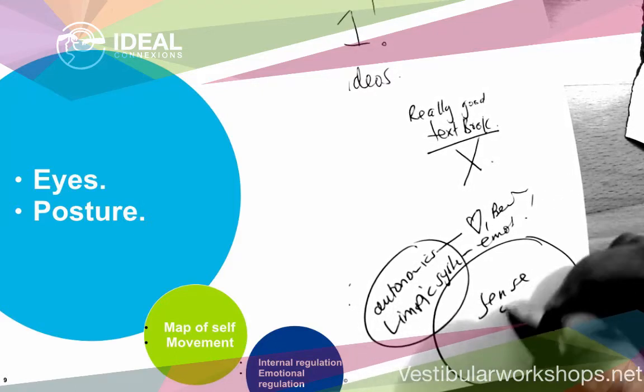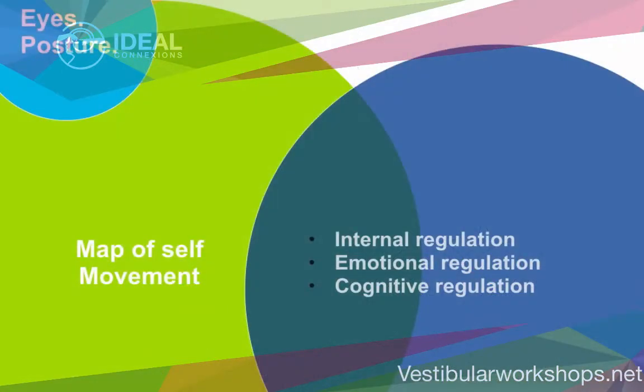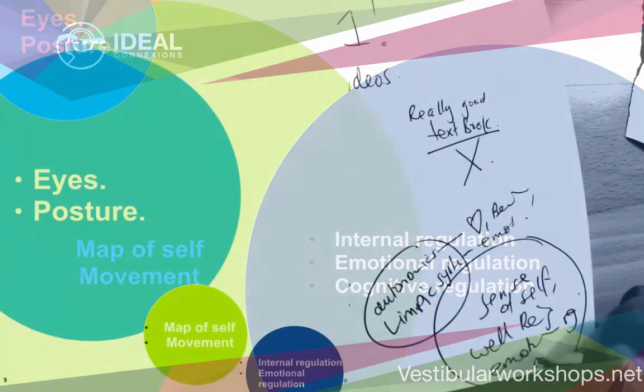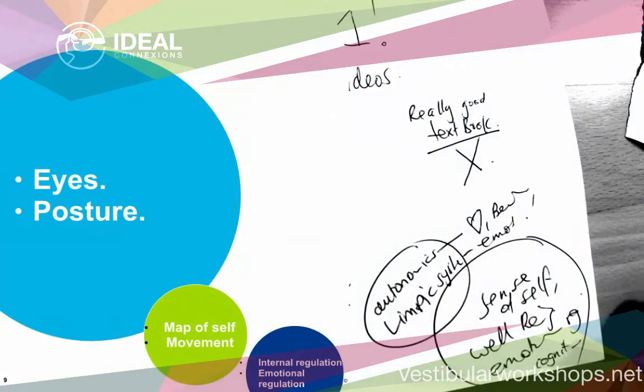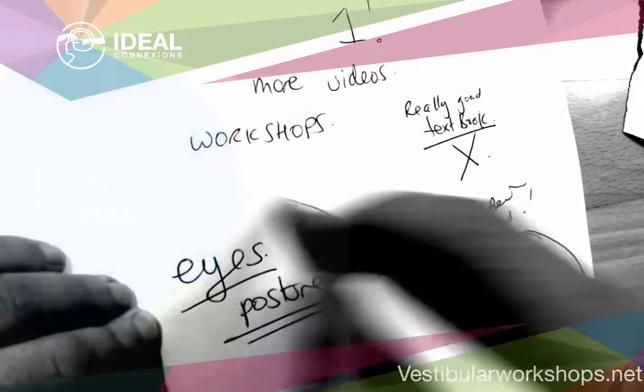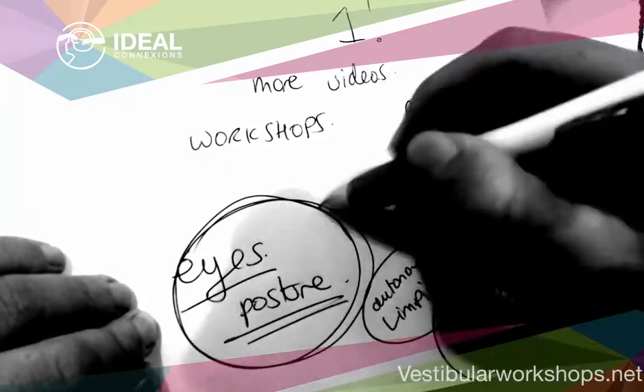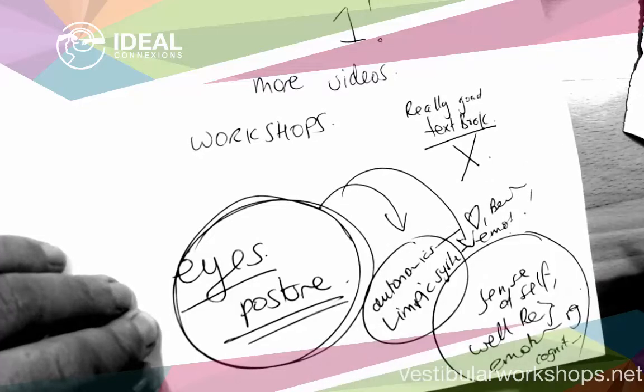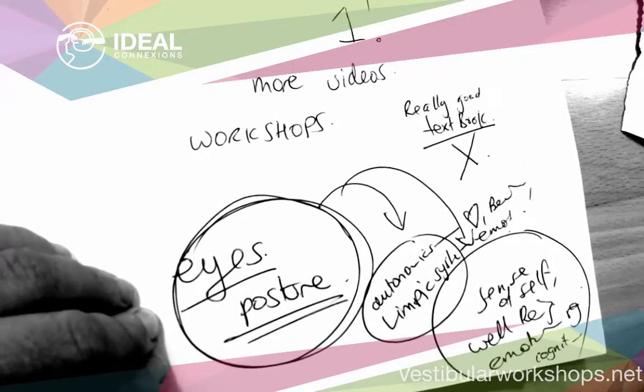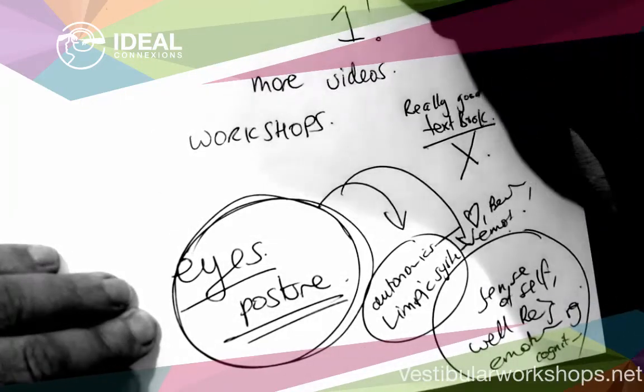It's also other things like your sense of self, well-being, even your emotional regulation, and even your cognition, so your executive function. What we find when we work with these things is that often we can improve them, and sometimes we'll actually measure them. So it's really not just about eyes and posture, or even dizziness.